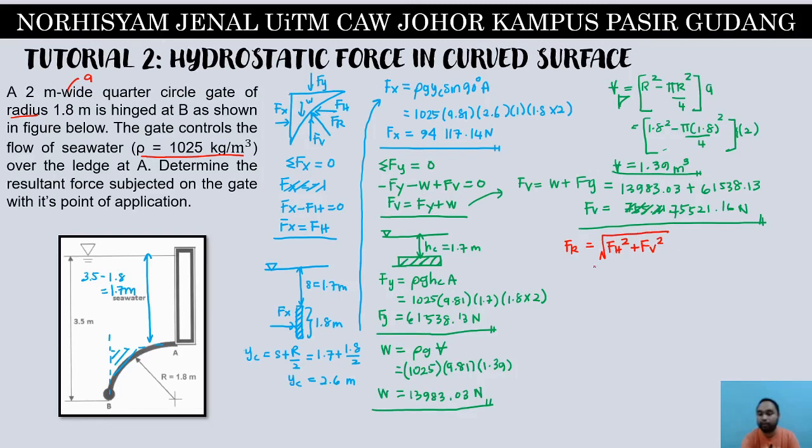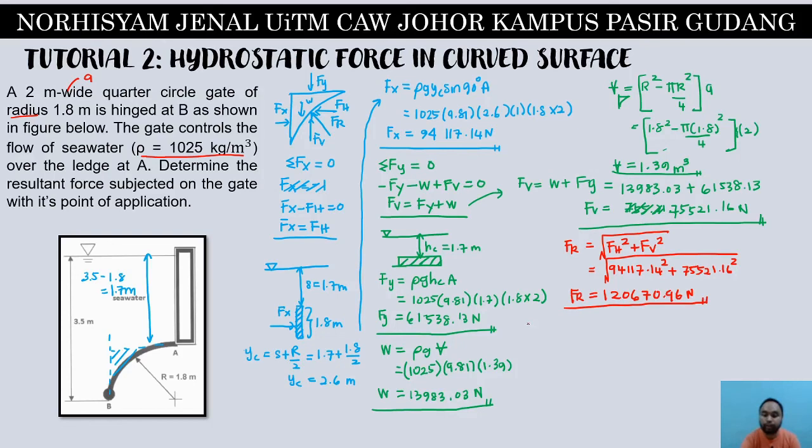The answer for Fr should be Fh or Fx, 94,117 square, plus 75,521.16 square, and then square root of it. So Fr is 120,670.96 Newton.